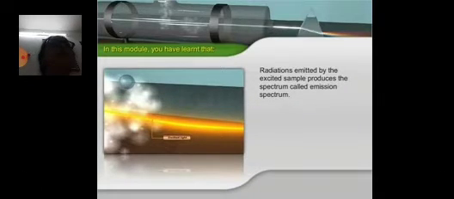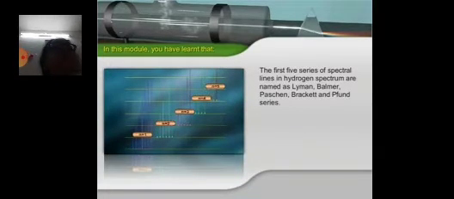The radiation emitted by the excited sample produces the spectrum called emission spectrum. And the first 5 series of spectral lines of hydrogen spectrum are named as Lyman, Balmer, Paschen, Brackett, and Pfund series.